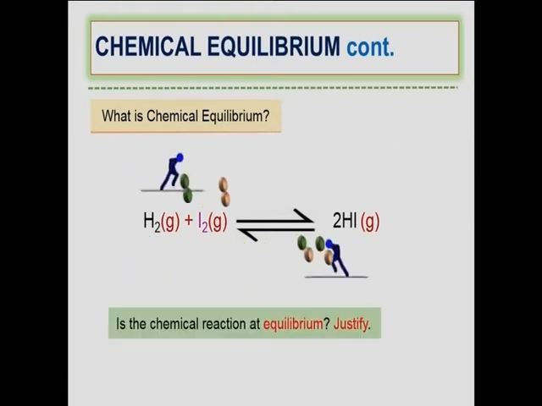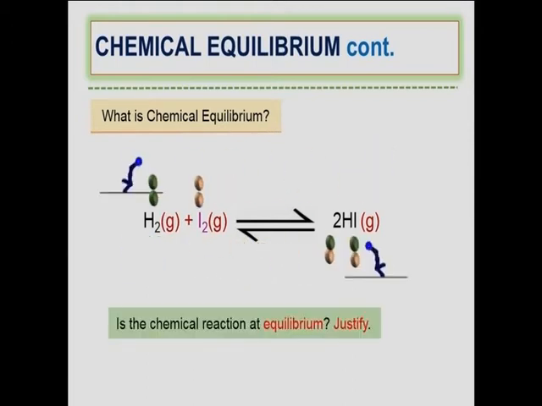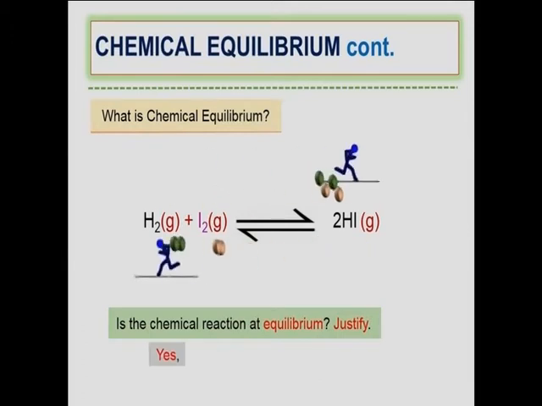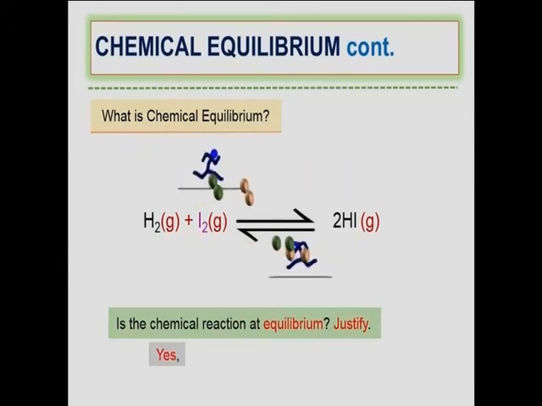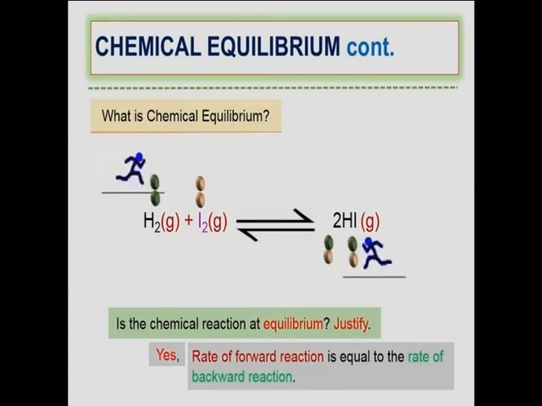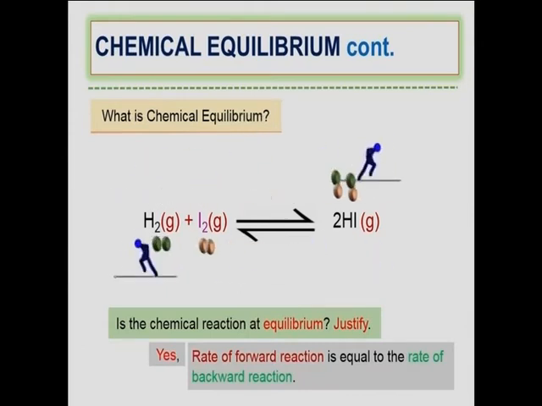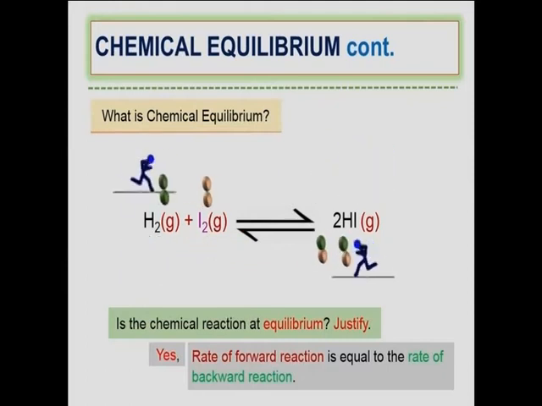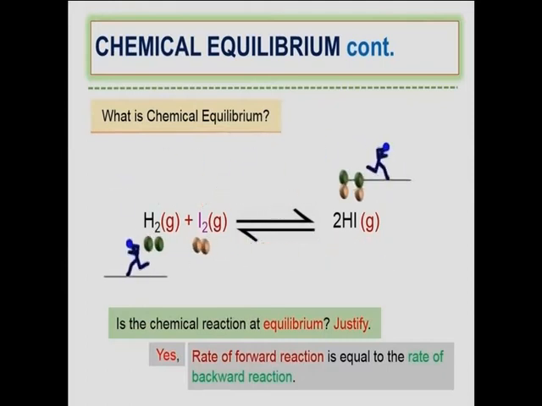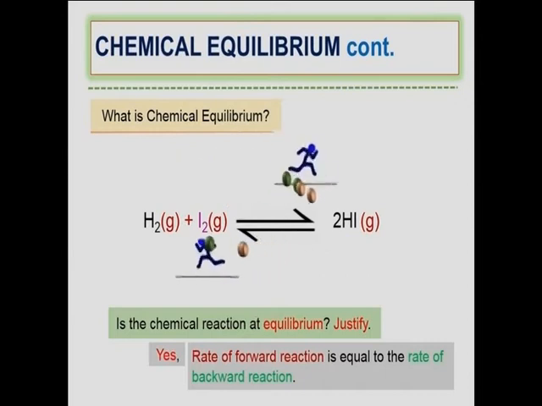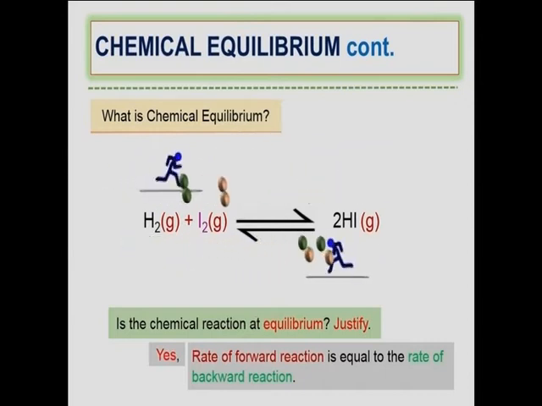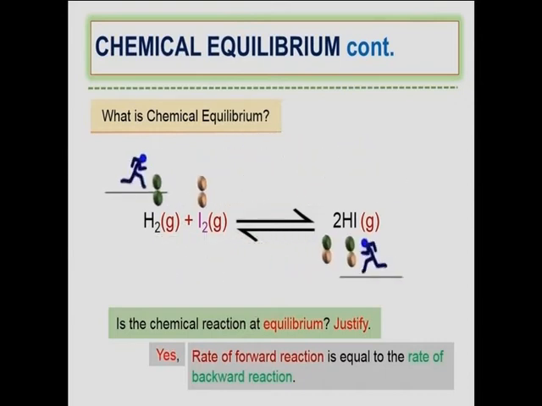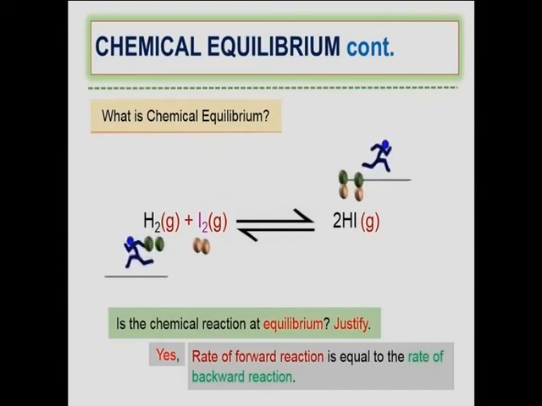Now is the chemical reaction at equilibrium? Yes. This is because the rate of forward reaction is equal to the rate of backward reaction. Both the speeds of the forward and the backward reactions are equal. That is why the concentrations of the reactants and the products remain constant.